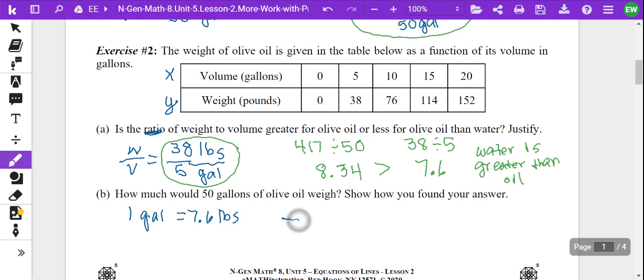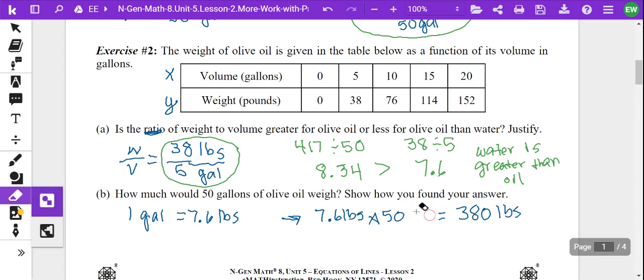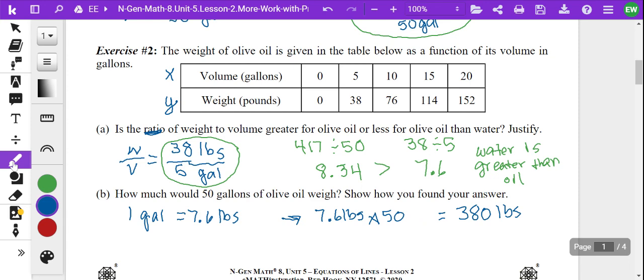We can just simply multiply 7.6 pounds times 50. So 7.6 times 50 equals 380. I'm going to go ahead and erase this gallons because that's not right.